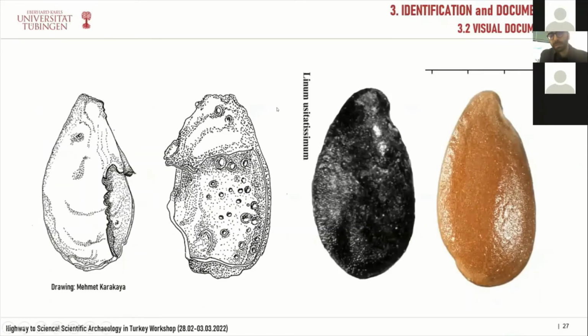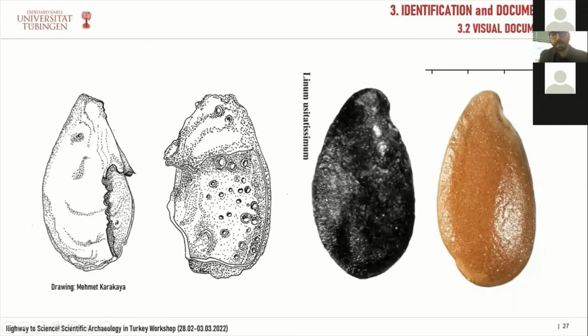You can see this is a flax seed. And here you can see some holes. And this is important. And I think the illustrator had done a good job over here by showing these little holes. Because these bubbles are just oil bubbles. The seeds of the flax are very oil rich.